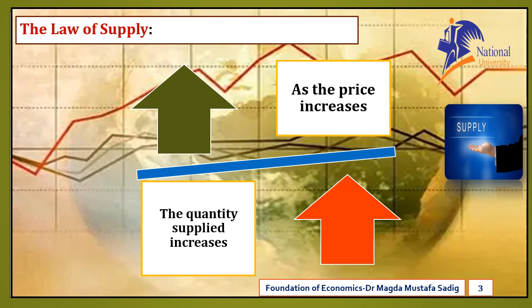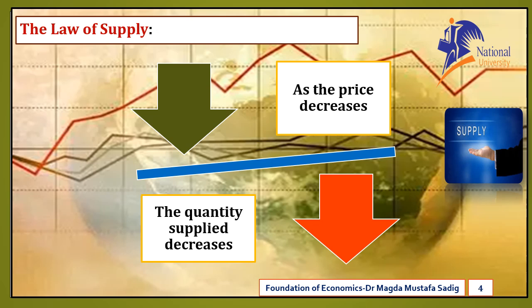For the conclusion, the law of supply helps us understand producers' behavior. It shows how price signals work in a market economy, guiding producers on what, how much, and when to supply. Always remember, higher prices, higher supply; lower prices, lower supply, as long as other factors remain constant.